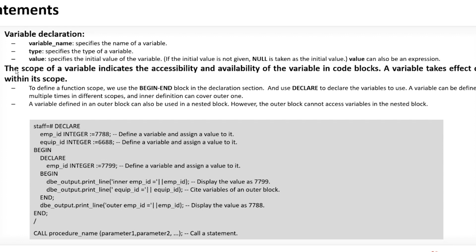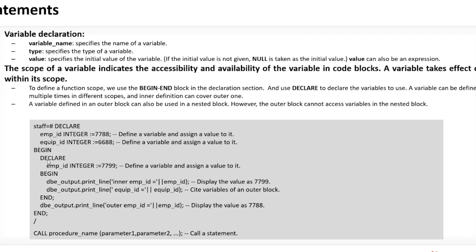The scope of a variable indicates the accessibility and availability of the variable in code blocks. A variable only takes effect within its scope. So as we can see from the example here, we declare the employee ID variable in the outer block and specify its initial number as this.